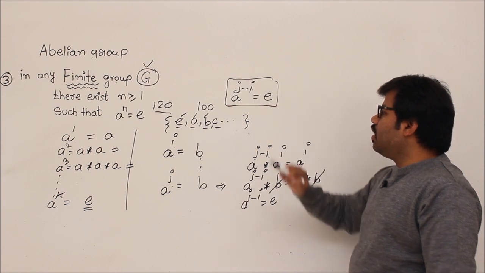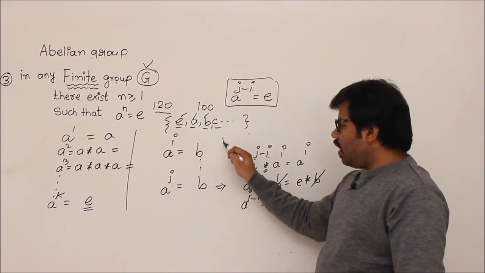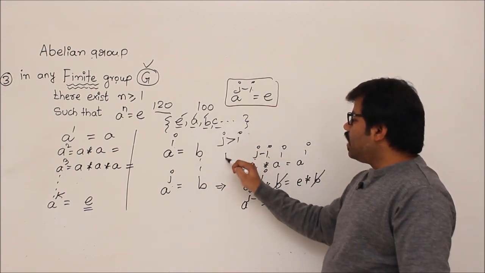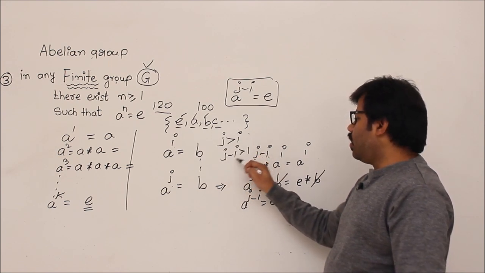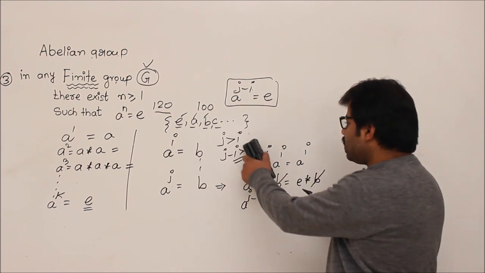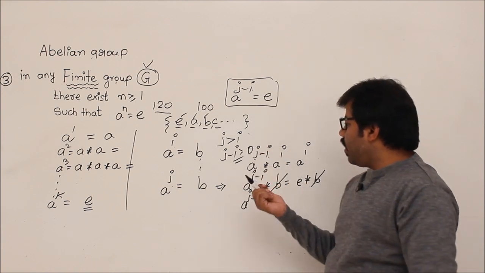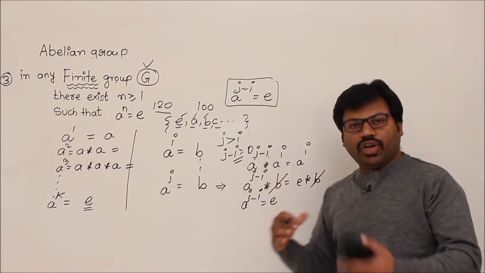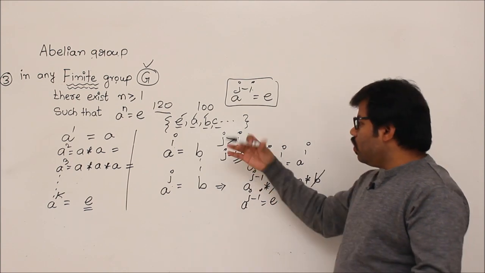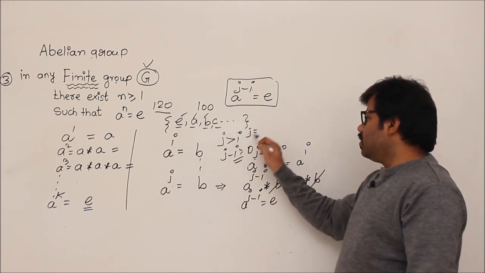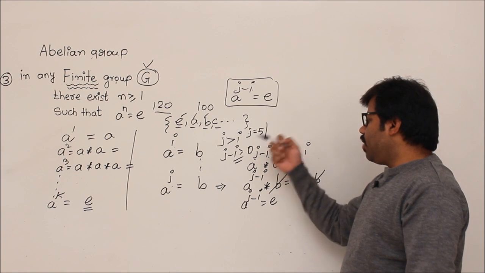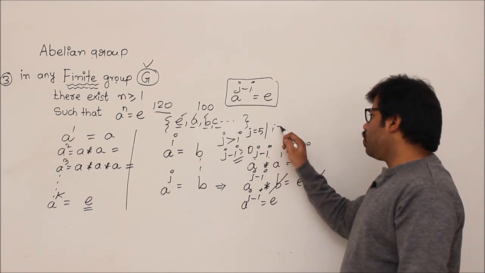What is j minus i? J greater than i, already you know, right? So j minus i is greater than 0. Sir, why is j minus i greater than 0? For this kind of thing, you have to imagine and understand. Example, j greater than i, imagine with an example, j is 5, i is 4.